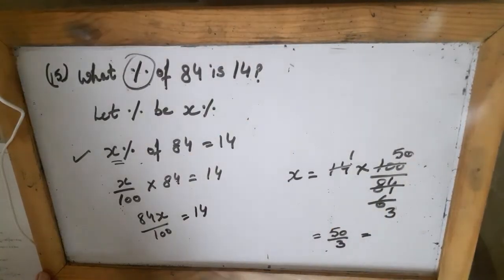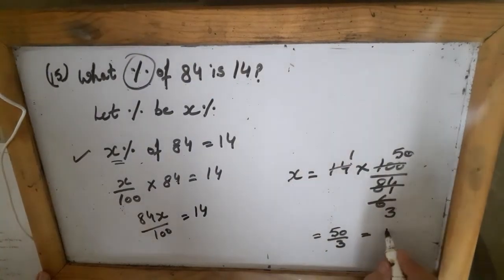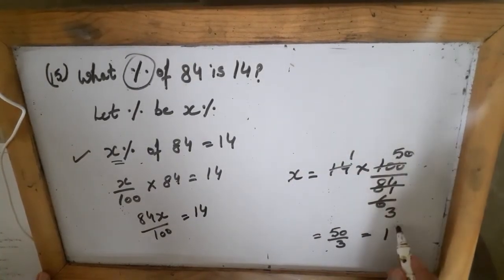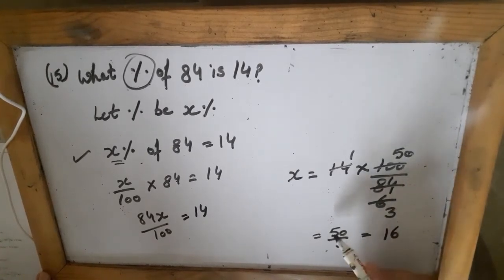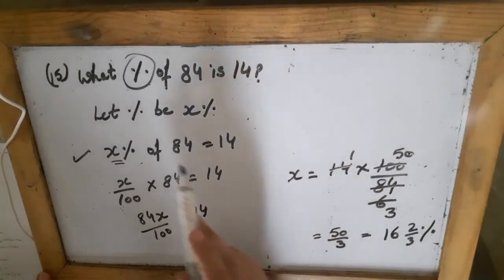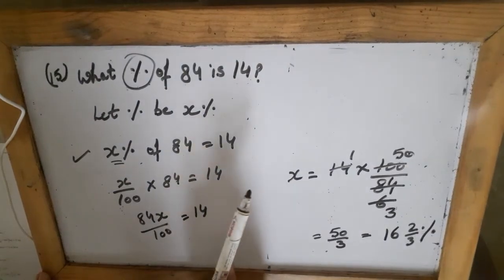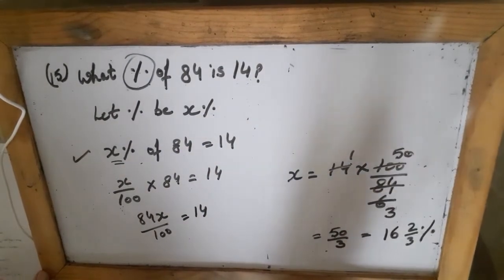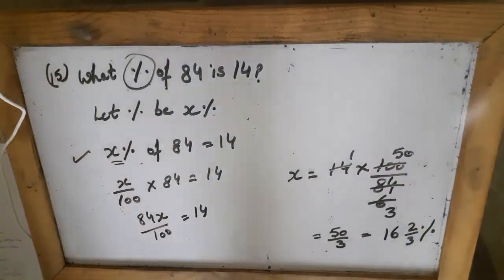You can convert this into a mixed fraction as this is an improper fraction. 3 16s are 48, remainder 2, so 16 2 upon 3 percent. So what percentage of 84 is 14? It is 16 2 by 3 percent.